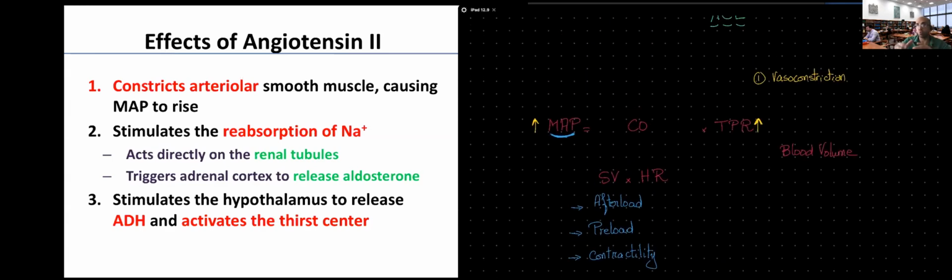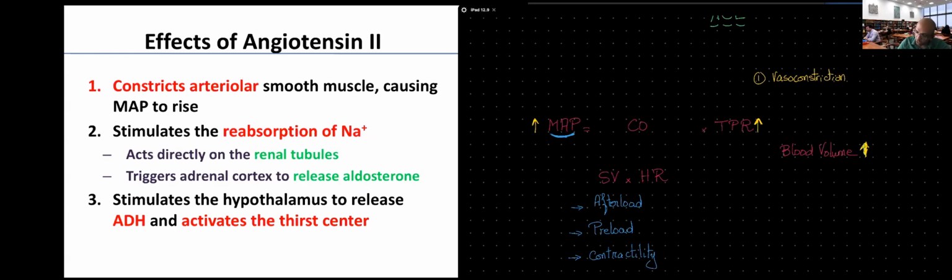If an amount of water was supposed to be excreted out in the urine, but I instead reabsorb it back to my blood, what's going to happen to my blood volume? It increases. And when you increase the blood volume, what's going to happen to your blood pressure as a result? Remember, the higher the blood volume, the greater the blood pressure.